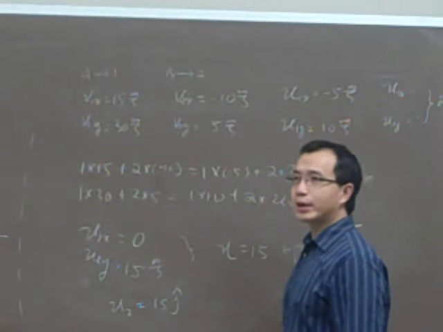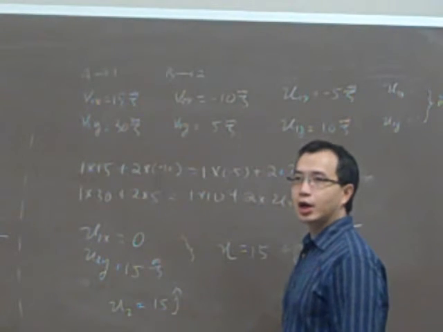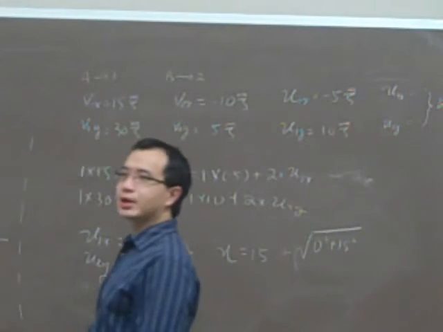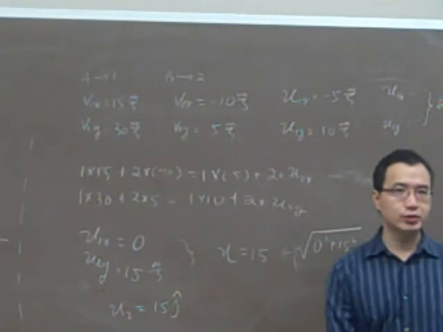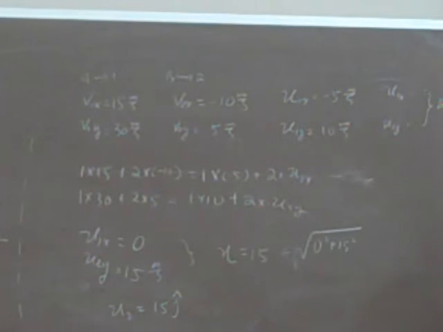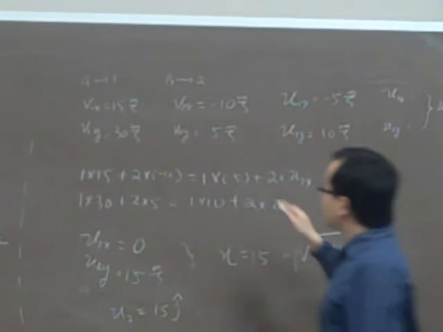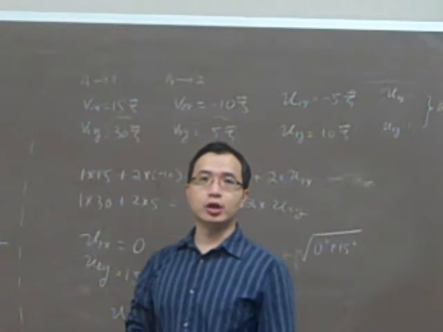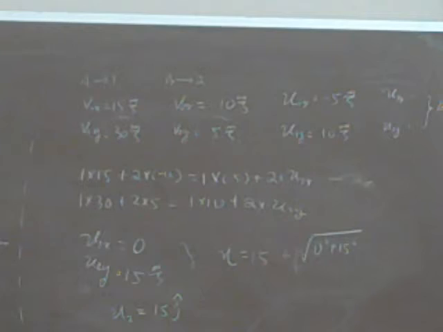So two-dimensional motion should be straightforward once you realize that you can write them separately along the x direction and y direction. But of course, in this notation, all the components are directly given to you. You need to prepare for that.